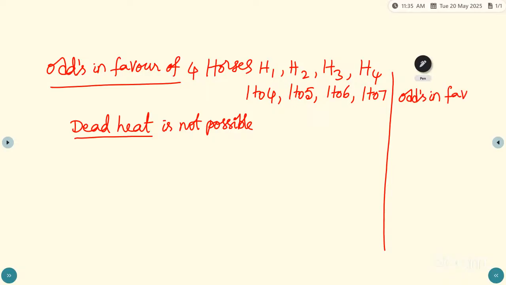Write down this. If odds in favor of A is M to N, it means the probability of happening of A is M by M plus N.